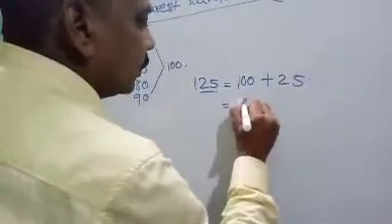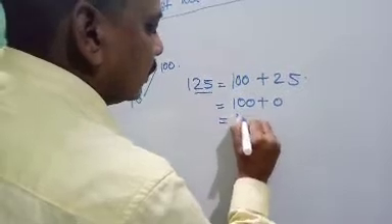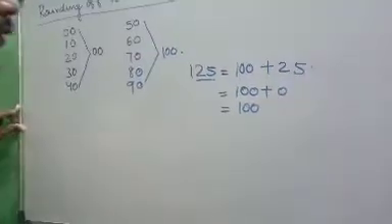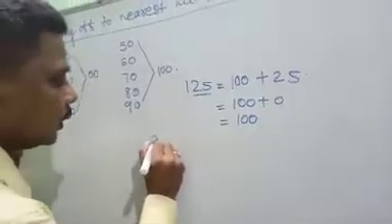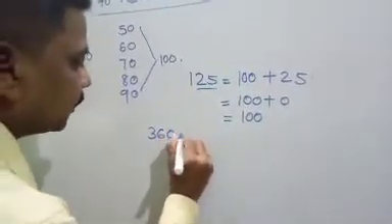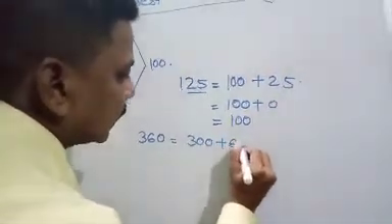It will become 0. 100 plus 0 means 100. Okay. Take another example, 360. 300 plus 60.